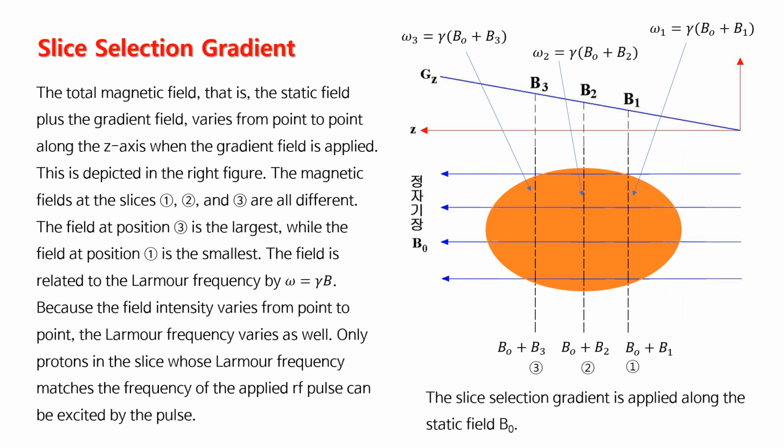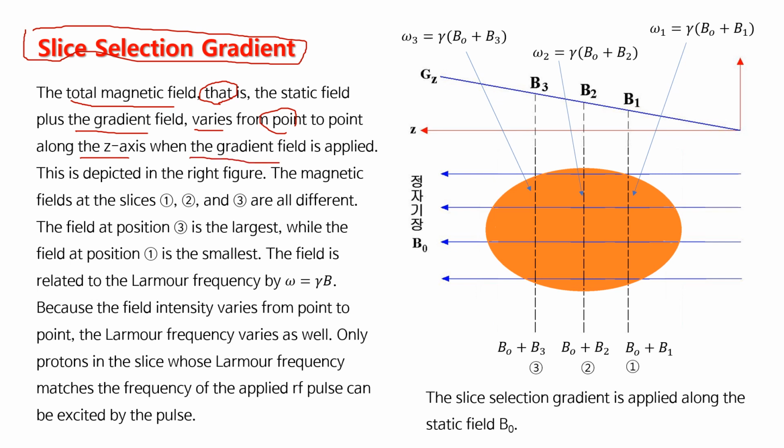Let's see first the slice selection gradient. The total magnetic field, that is, the static field plus the gradient field, varies from point to point along the z-axis when the gradient field is applied.